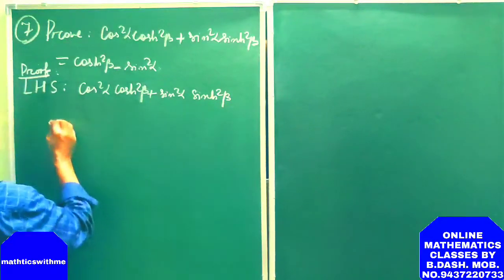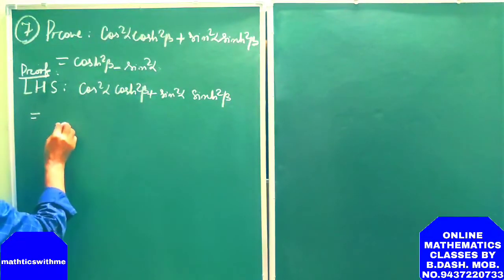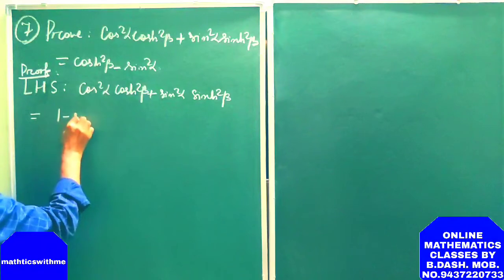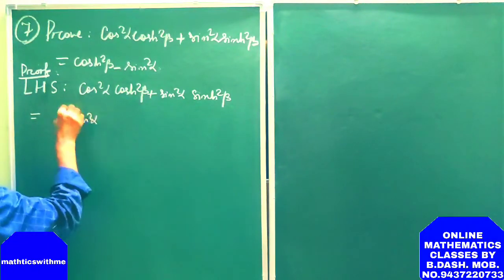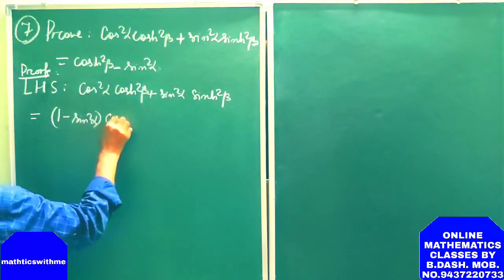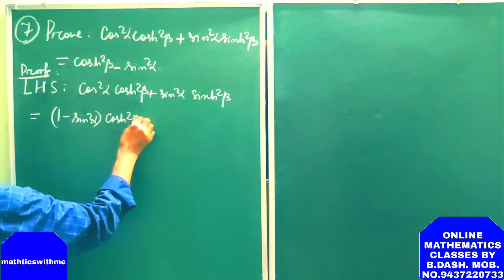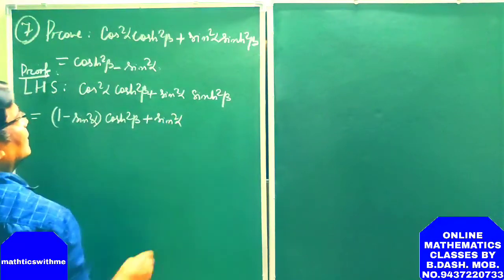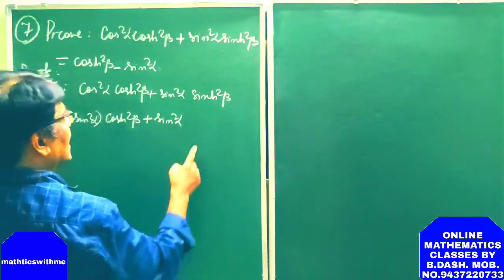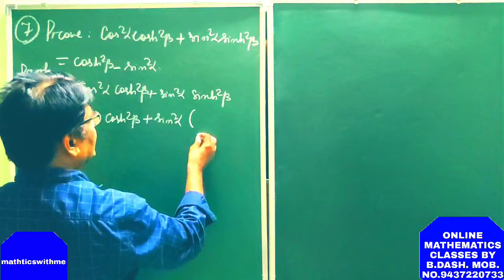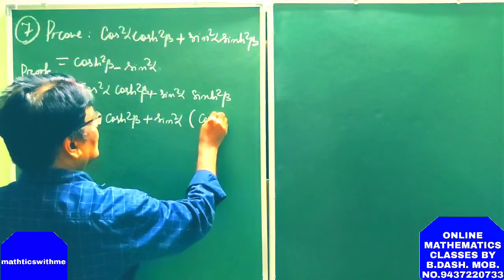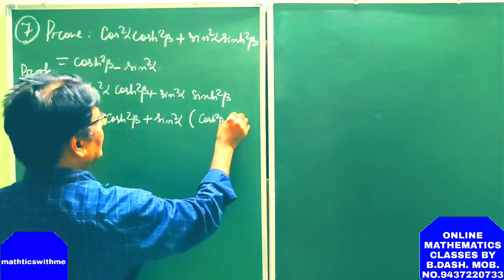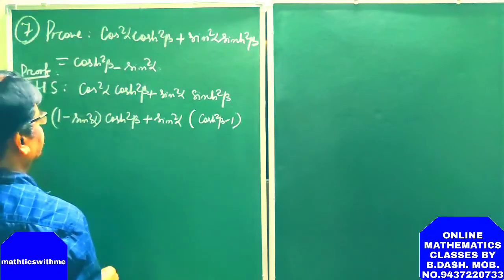sinh square beta. Now cos square alpha can be written as 1 minus sin square alpha, into cosh square beta, plus sin square alpha. So sinh square beta can be written as cosh square beta minus 1.